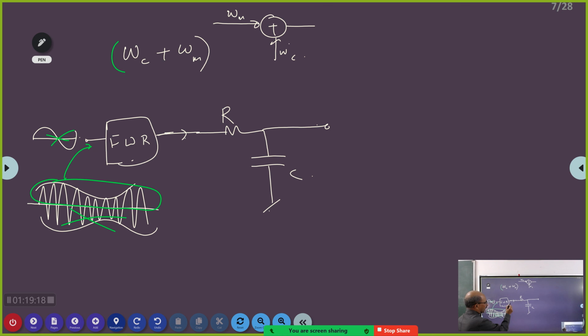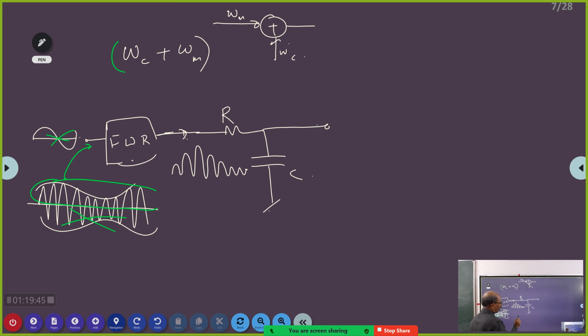Now see here, the signal that is going to come here is like this. Can you see this? So the signal that you are going to get here will be like this. Understood? That will be the signal that is going to come here.